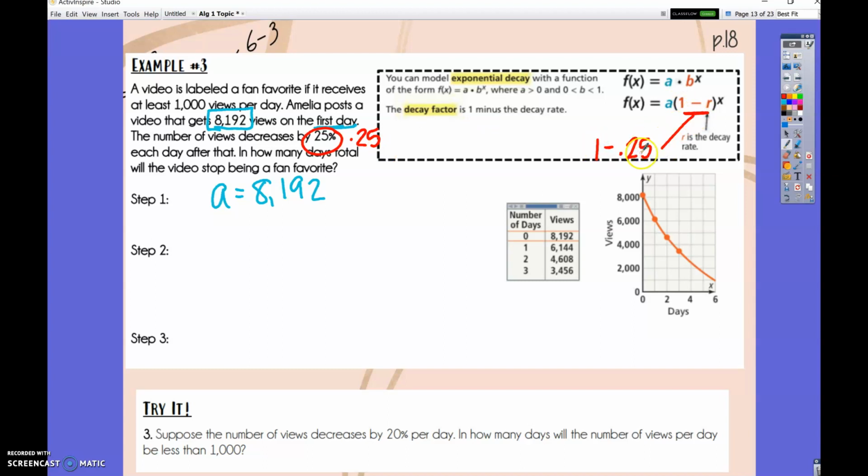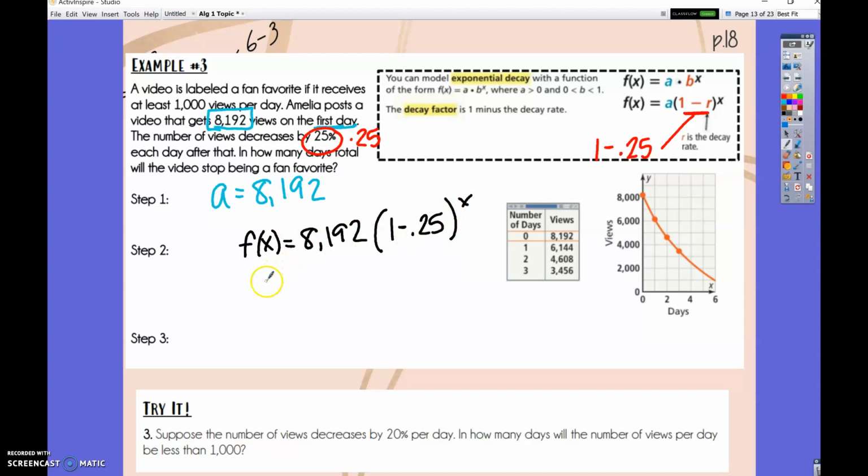Since it's decreasing by 0.25, we put in our decay rate. So for our equation, once we've identified these variables, our function will be initial amount times 1 minus the decay rate, or the percentage it was, to the x.